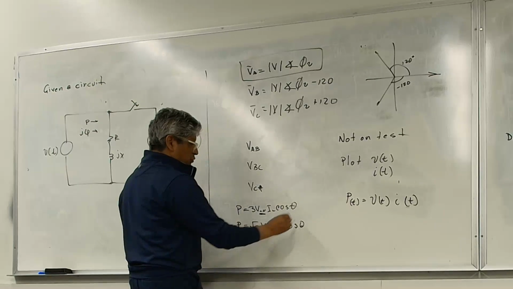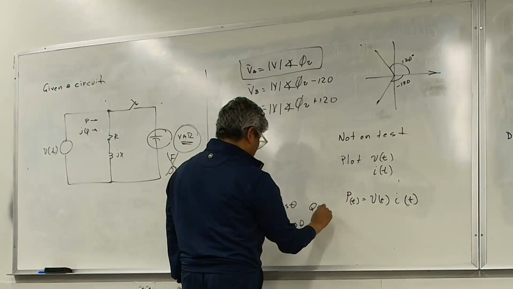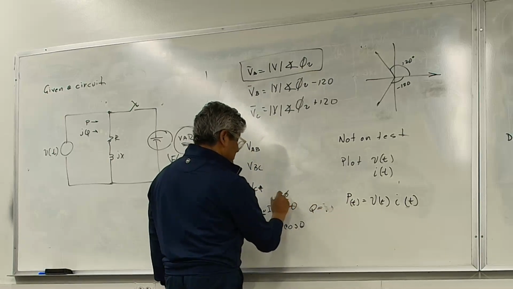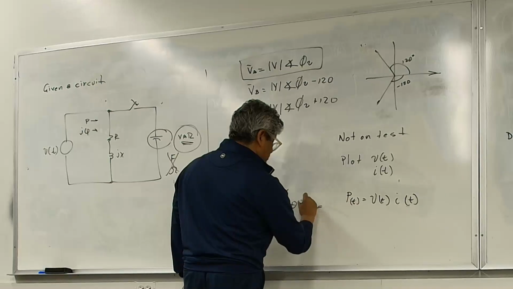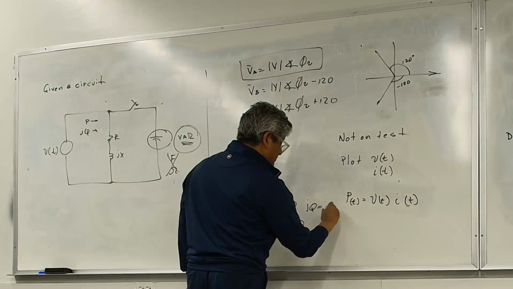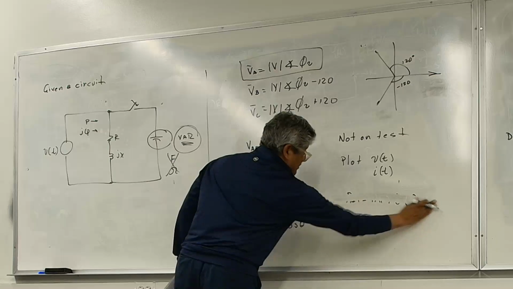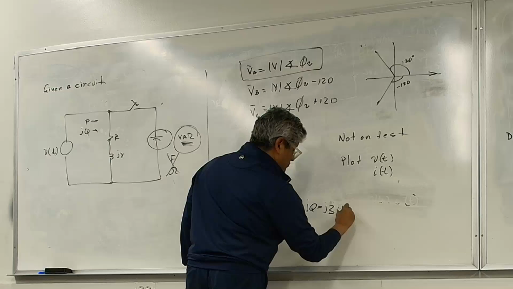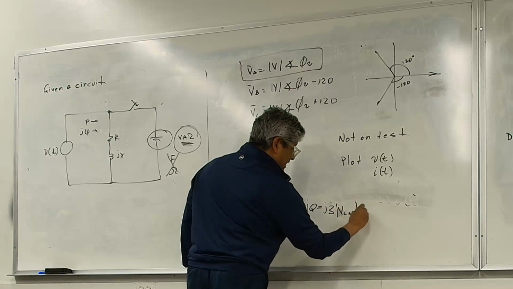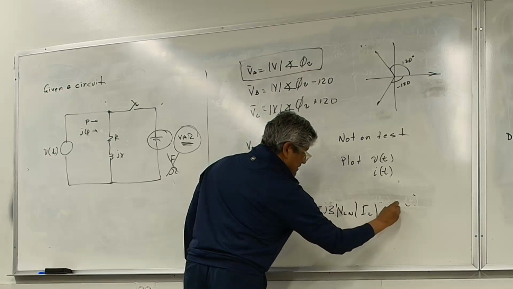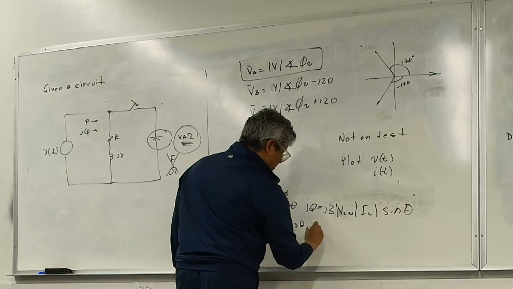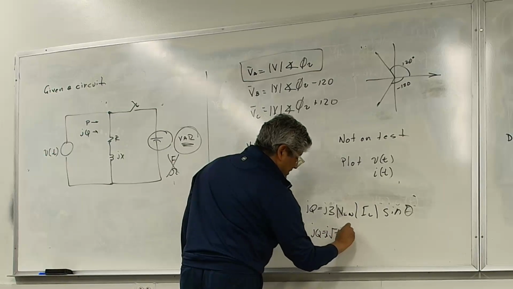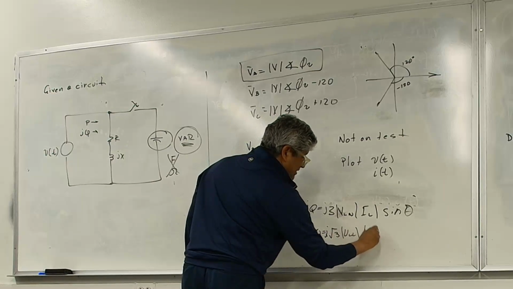And Q is the same thing, for three-phase systems: 3 times V line to neutral, I line, sine theta. And if you have the line-to-line voltages, it's square root of 3 times V line to line, I line, sine theta.